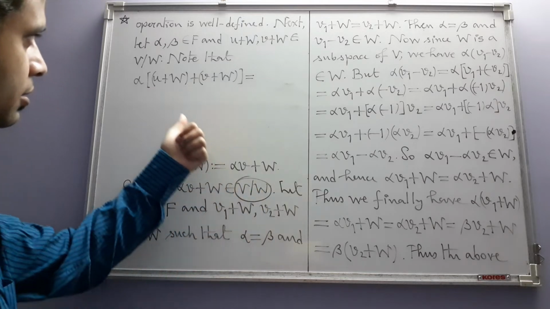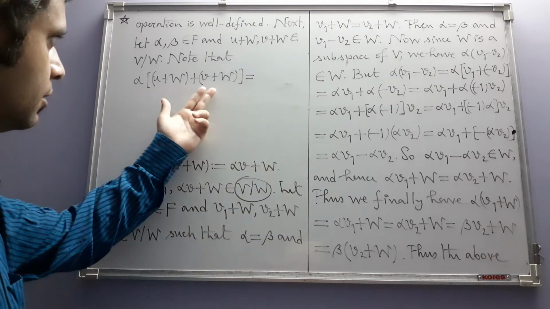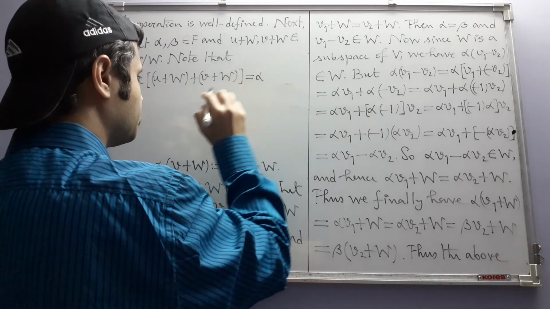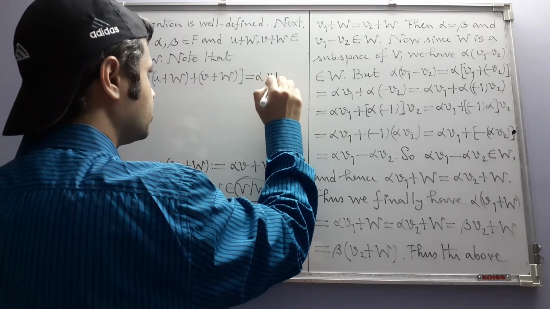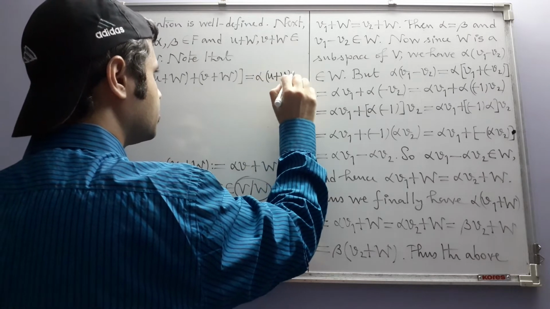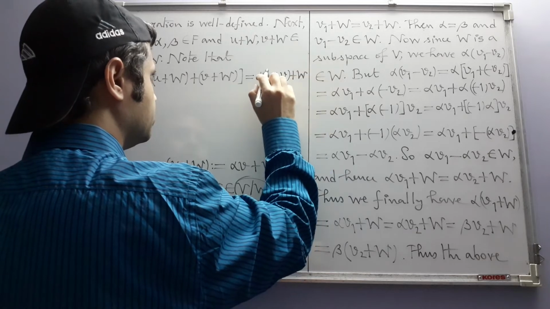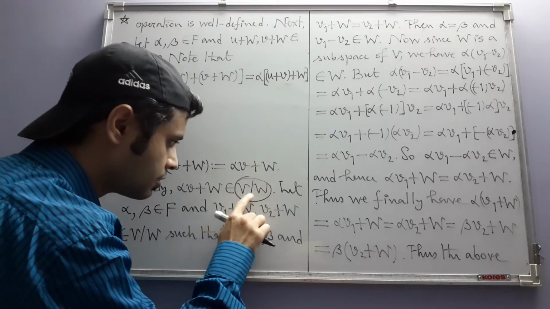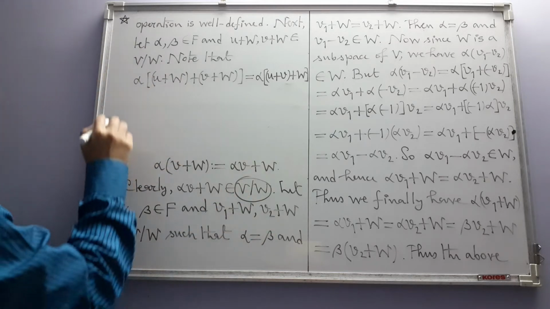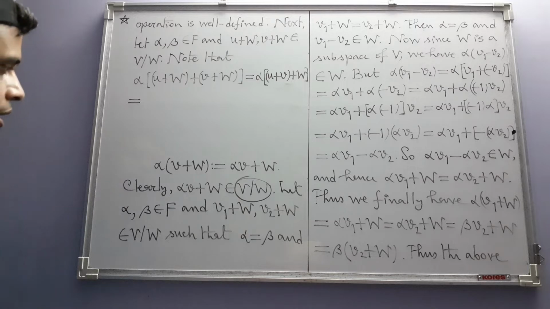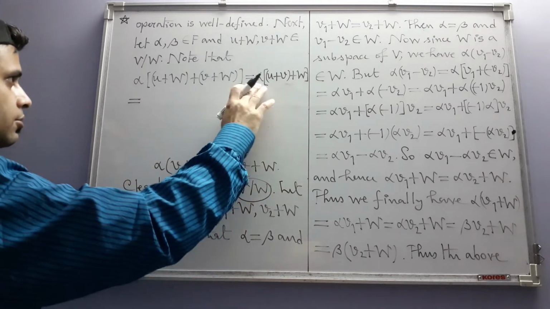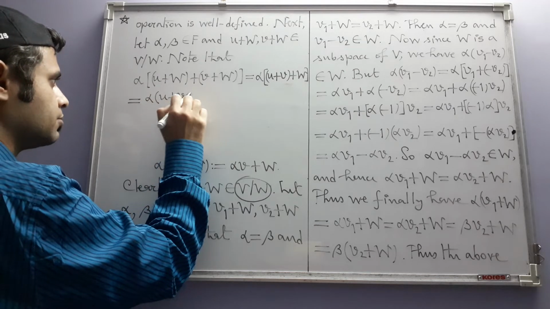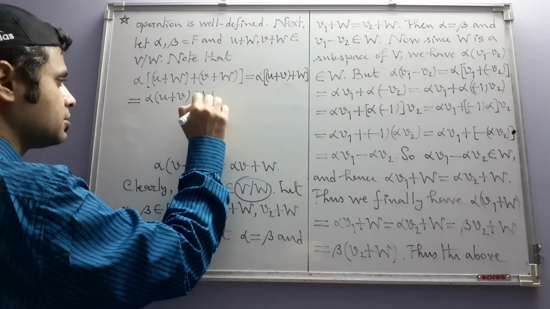It's that operation in the quotient, which is addition of two cosets. And according to the definition of that operation, this addition is u plus v plus W. Okay, so this addition has been carried out in the group V by W. Now we apply this operation. So according to this definition, this is alpha times (u plus v) plus W.